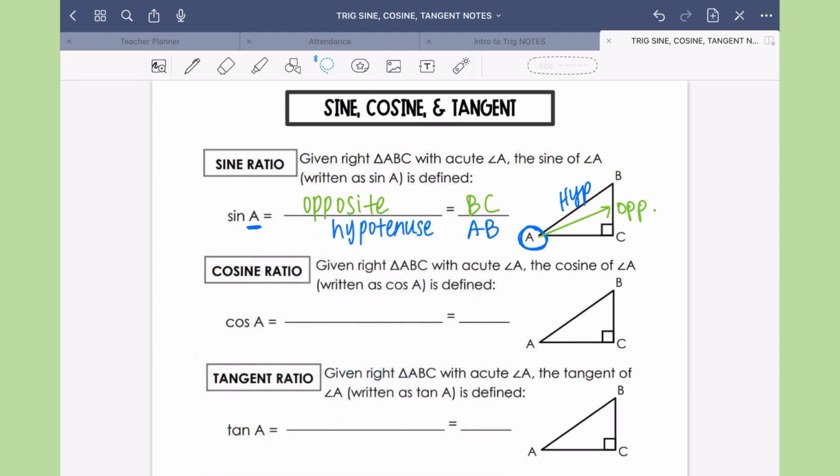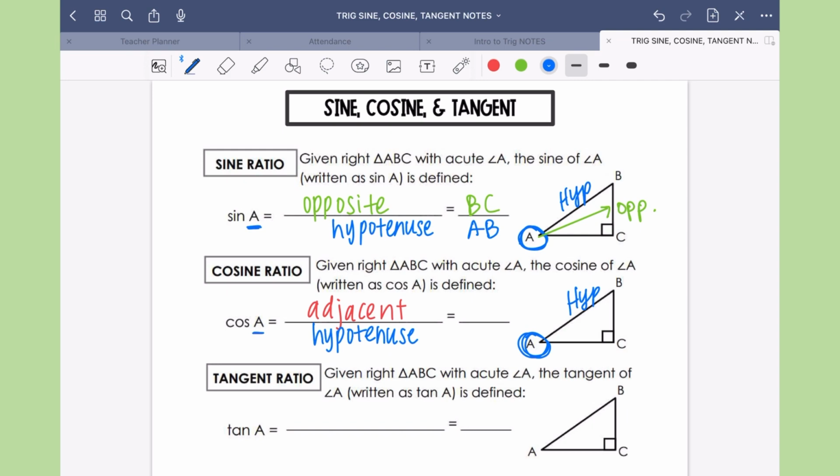Now let's do cosine. Cosine is going to be cosine of A, the same angle A. Cosine is going to be adjacent. This is why we needed to learn how to label them first, and now we can use the sides. Adjacent divided by the hypotenuse. The hypotenuse is still the same here, across the 90.